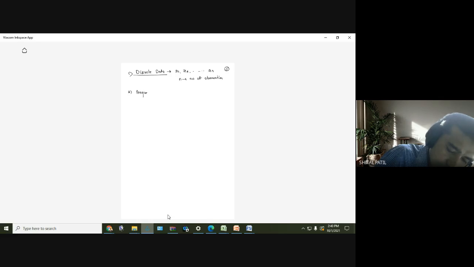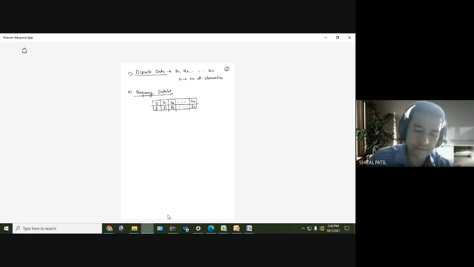And next data is frequency distribution. Okay, now what is given here? Here X and F is given. X is X1, X2, up to the last one Xn. F1, F2, Fn.